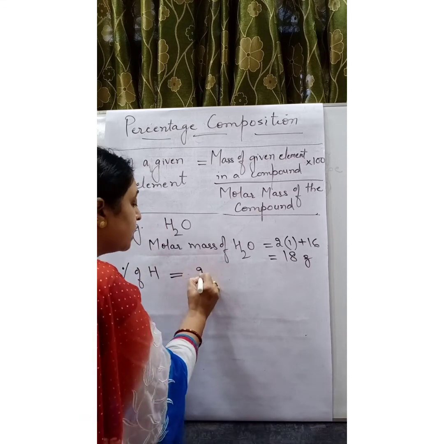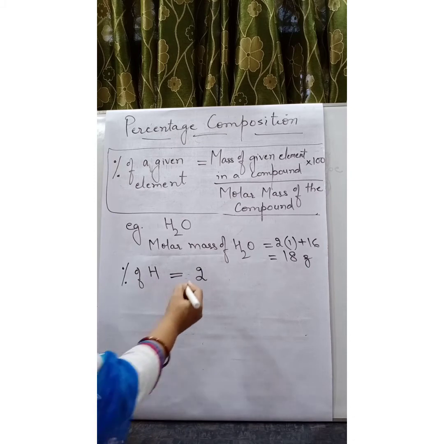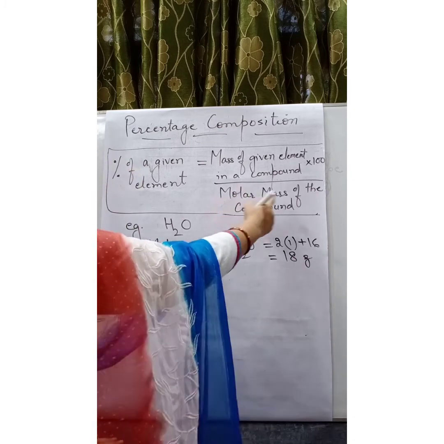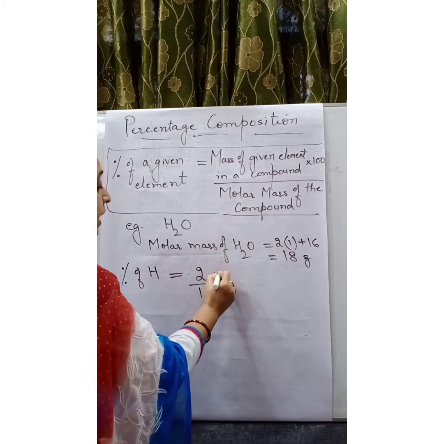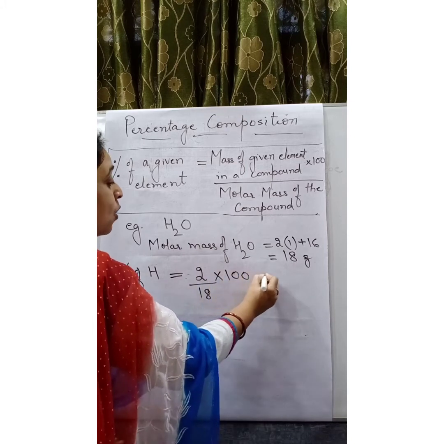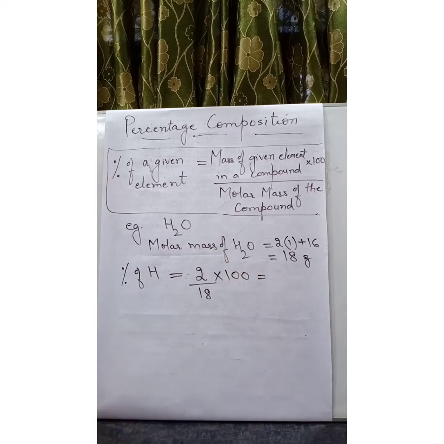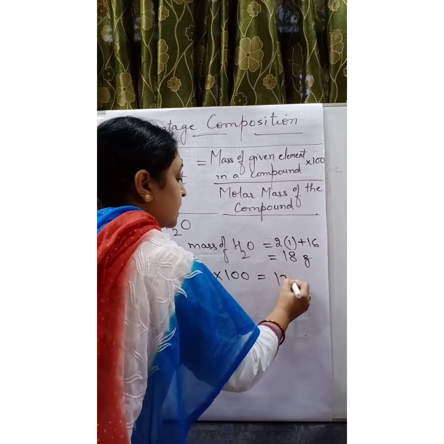So the total becomes 2 grams, divided by the molar mass of the compound water, 18, into 100. When you solve this, you are going to get the answer as 13.13%.